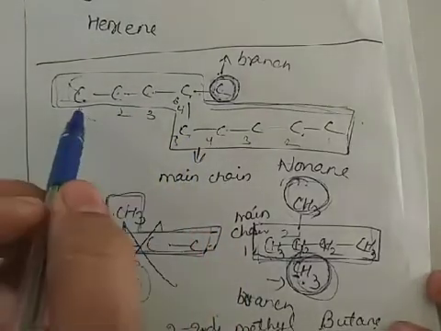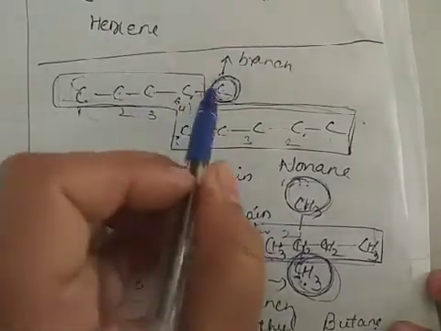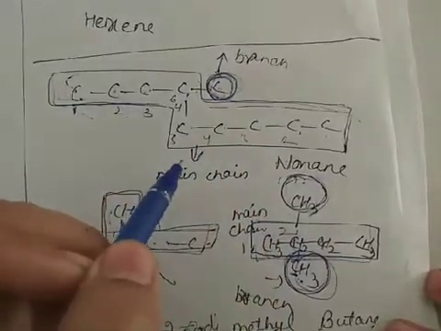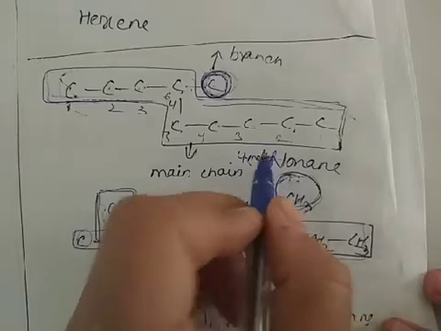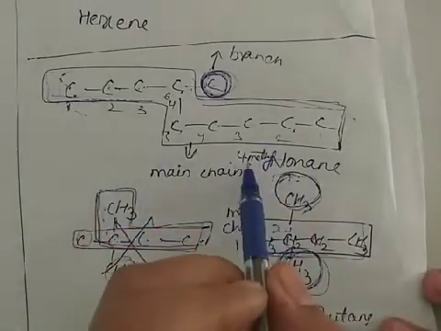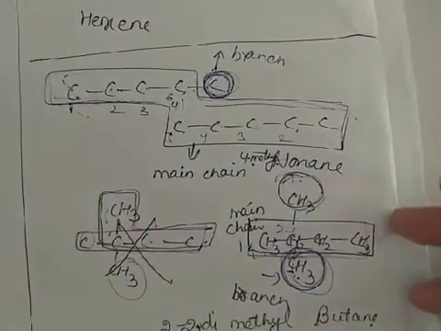So definitely I'll start numbering from this side. The alkyl group should get the minimum number. It will be 4-methylnonane. The name of this will be 4-methylnonane. This is how you are going to write the IUPAC name of the branches.